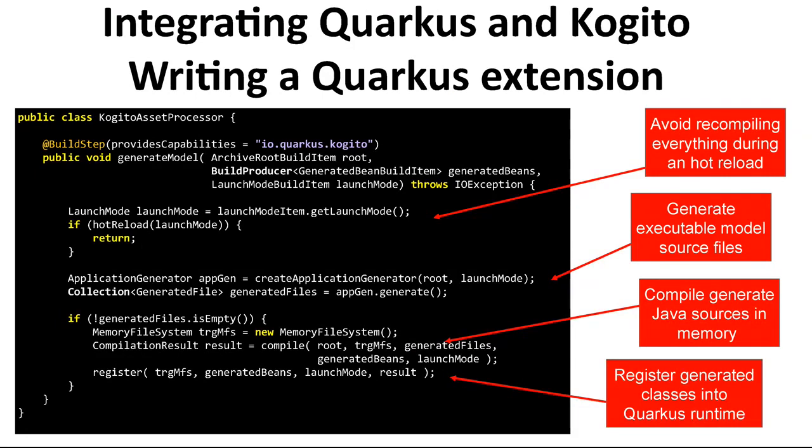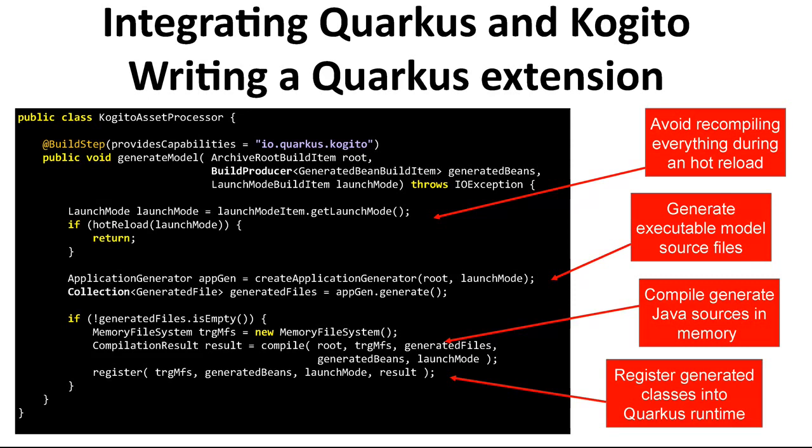So we needed to integrate our stuff with Quarkus. We created a Kogito extension for Quarkus, and in this extension you have a build step, which is just a method annotated with the build step annotation. In our case it was very simple, because we already had that code generation bit, so we just wired it.